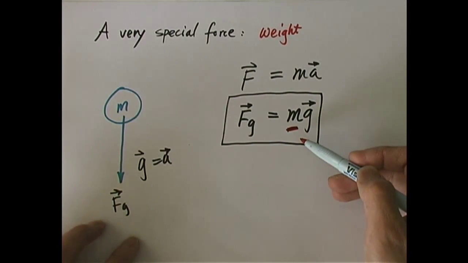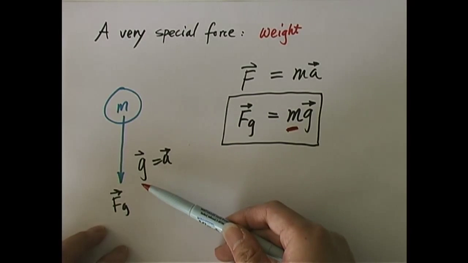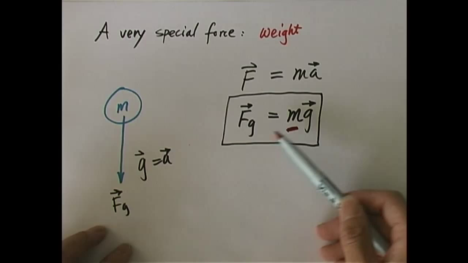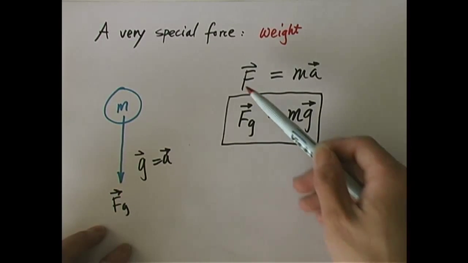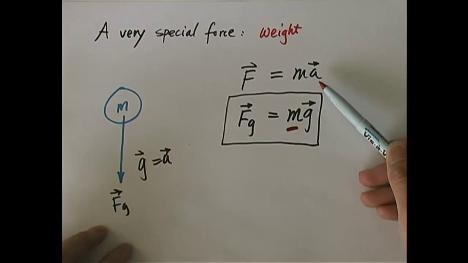This explains why any object, regardless of the mass, will fall at exactly the same rate. Because if you double the mass, you would also double the force automatically. Force of gravity is proportional to the mass. So if F equals ma, mass doubles, force also doubles, the acceleration is left unchanged. That is a unique feature of gravity.